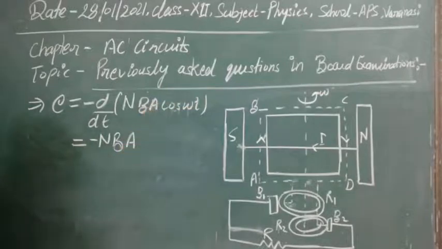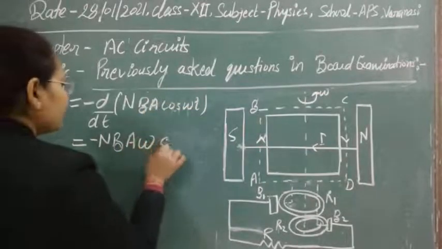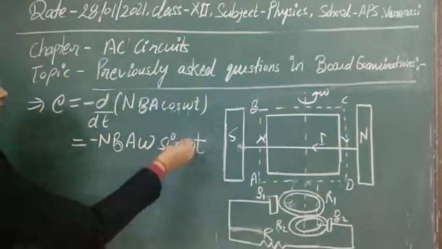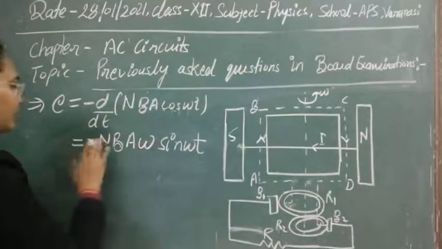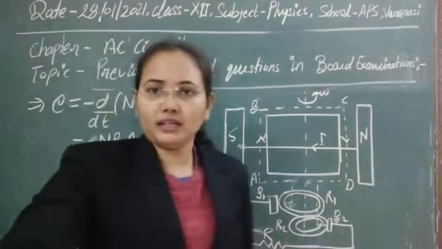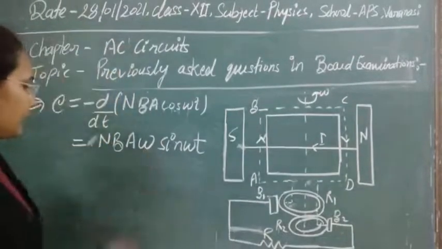You know that the differentiation of this will give omega, and the derivative of cos omega t will be minus sine omega t. So this will finally be NBA omega sine omega t. Sorry, here this is sine omega t.